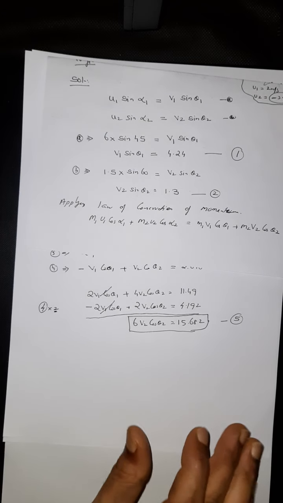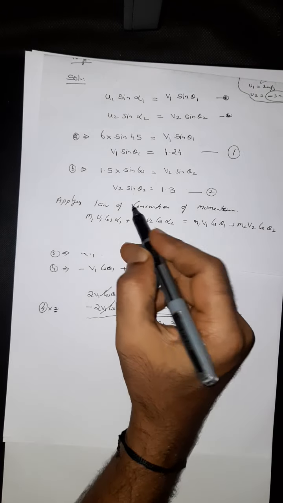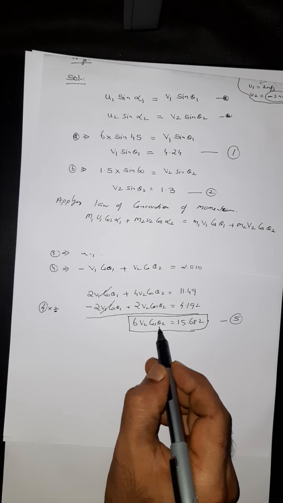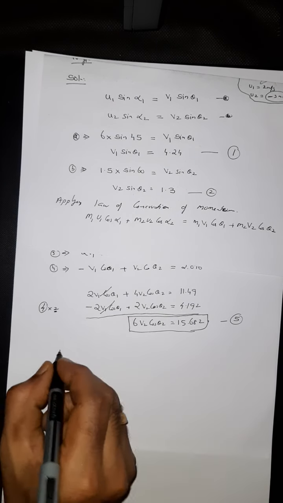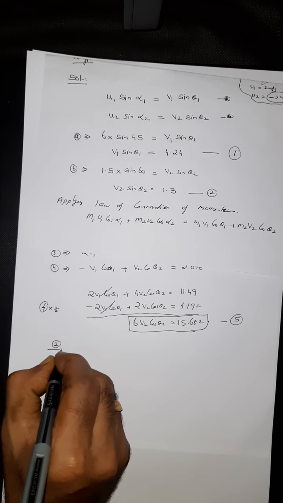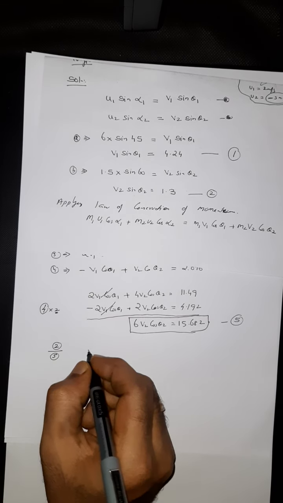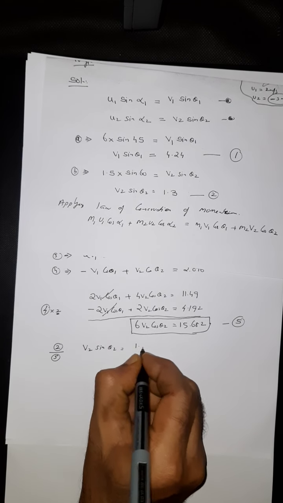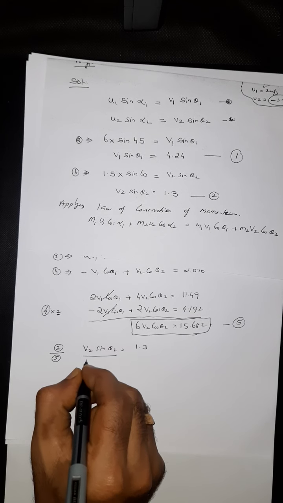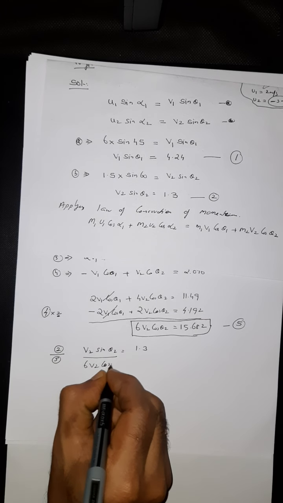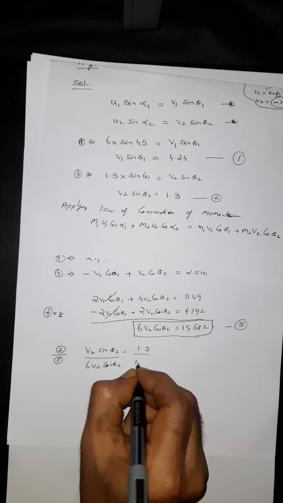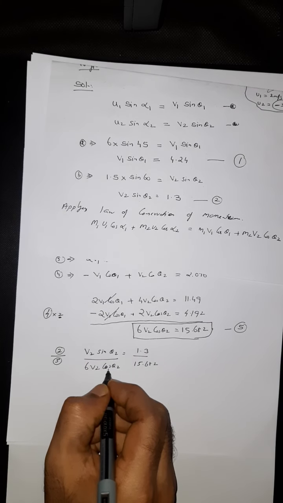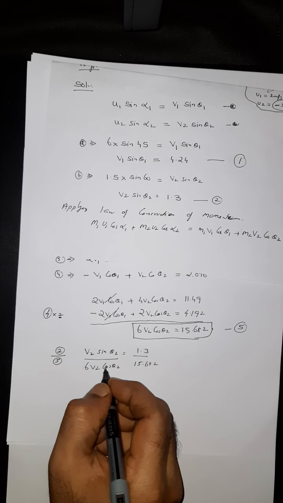Look at equation number 2, which has v2 sine theta 2 equal to 1.3, and here we have 6 v2 cos theta 2 equal to 15.682. Dividing 2 by 5, sine by cos is tan.